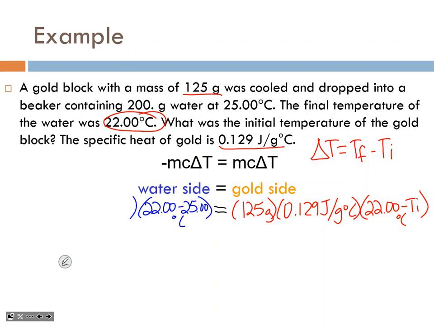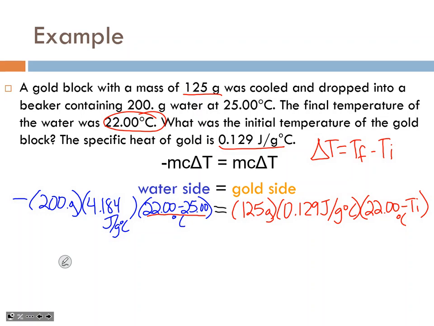Then we add in our specific heat, joules per gram, and then the mass goes over here for the water. And the original negative sign out here, because this side is losing heat. So when you do the calculations, this is going to turn out to be -3, so this side actually ends up being a positive number.